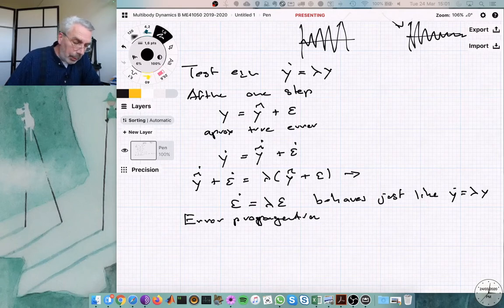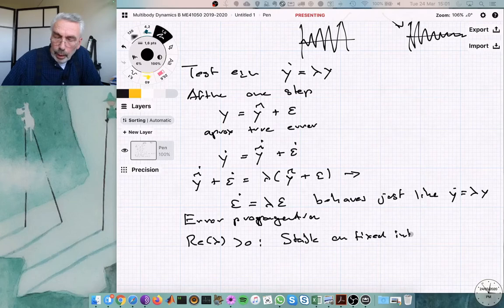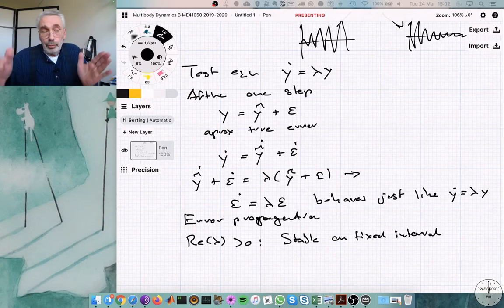And then we have to distinguish between growing and decaying ones. So if the real part of this eigenvalue is positive, then the error propagation is stable only on a fixed interval, meaning that you have growth of this error, exponential growth, but if you just integrate for a fixed amount of time, then you can limit that growth, and then by refining you can limit that error. But it will amplify, it will grow.